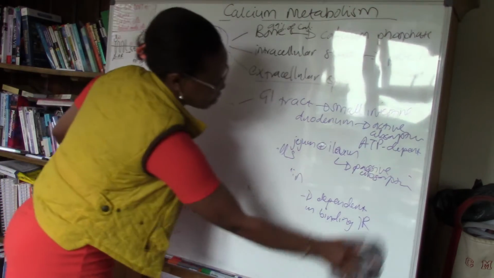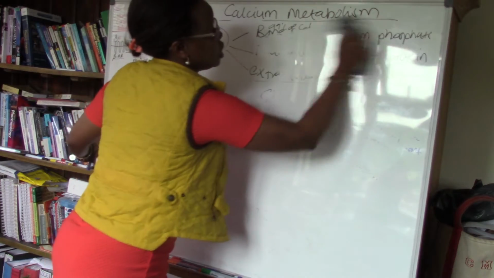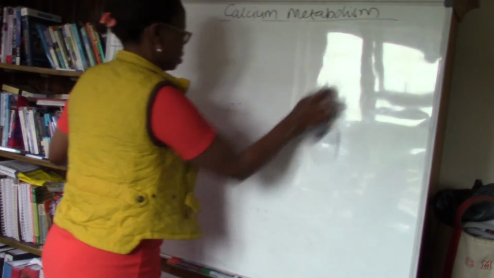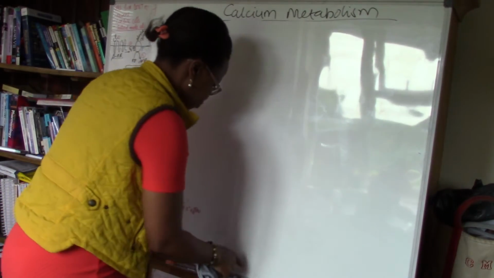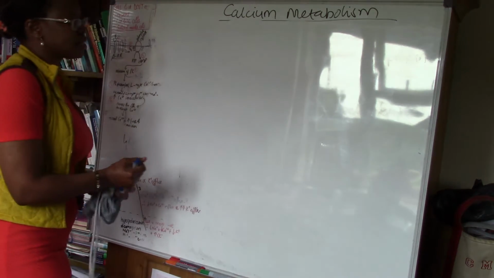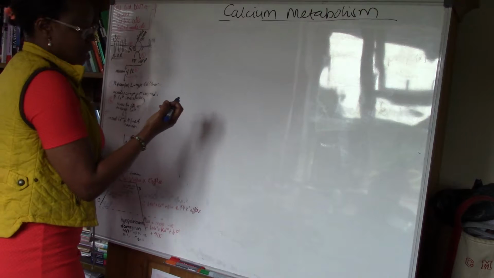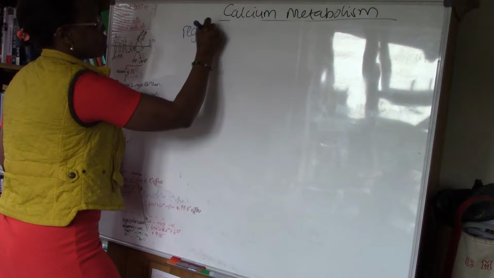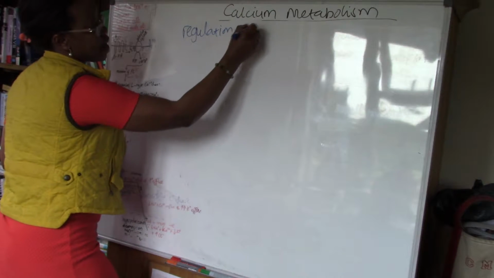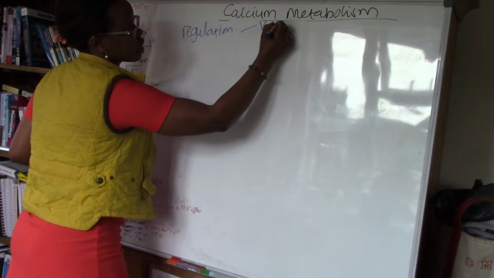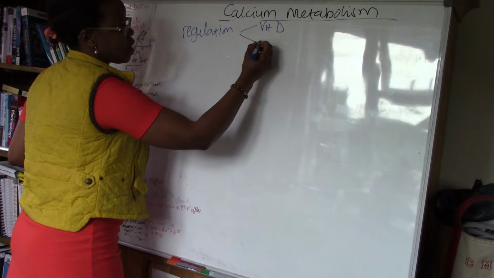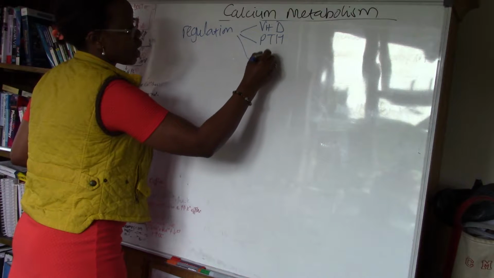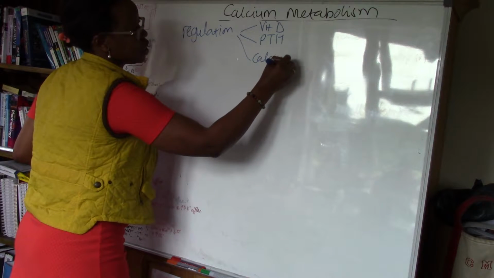So in terms of how calcium is regulated, it's via vitamin D, the parathyroid hormone, and also calcitonin.